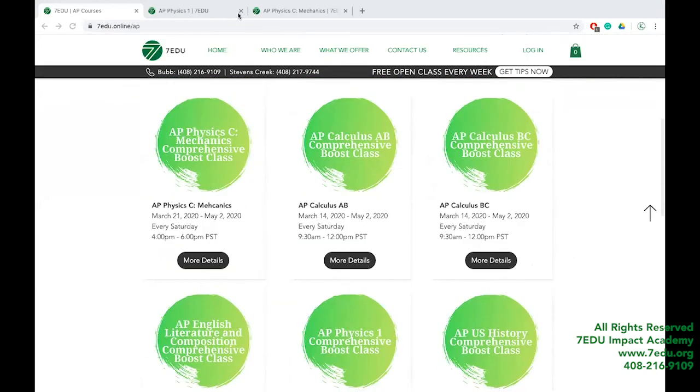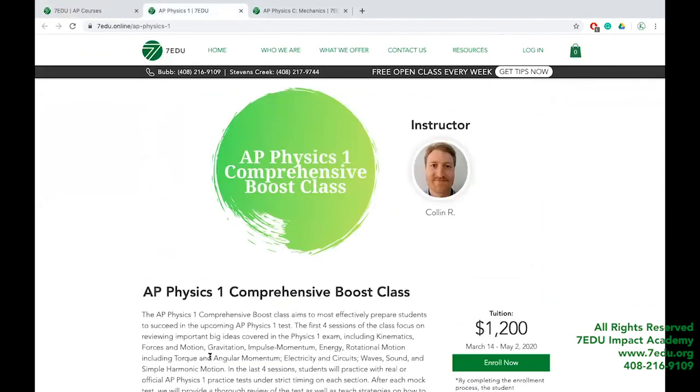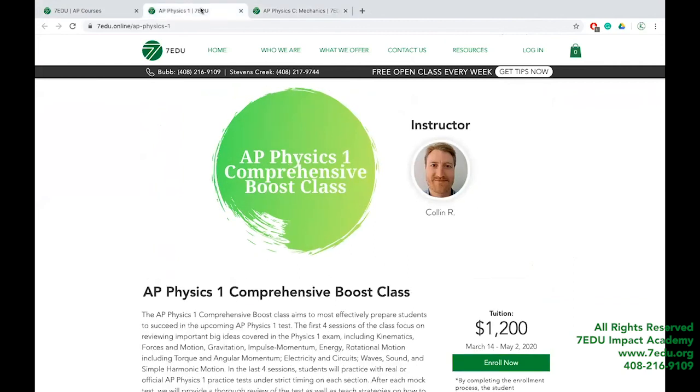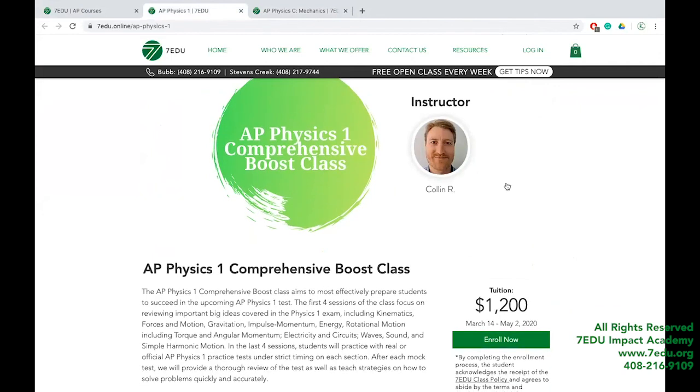Specifically for Colin, he will be teaching AP Physics 1, as well as our AP Physics C classes. Both of these courses are specialized and taught in small group classes, so students will receive the maximum and focused attention from Colin himself. They're both structured with real practice tests and review, and Colin will teach strategies to target individual weak points for every student.